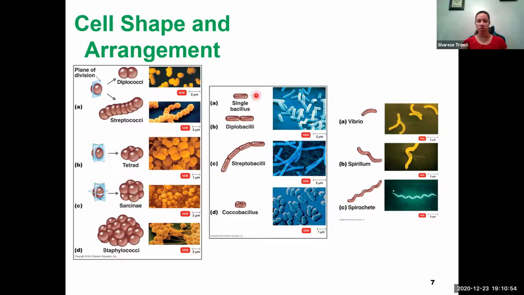Bacillus, here's a single bacillus. 2 of them is diplobacilli. A line of them, streptobacilli. Then we have this coccobacillus. So this is actually several, and they are rod shaped, but because they are squished together, they're arranged in that way, they don't look quite as rod as they would be.